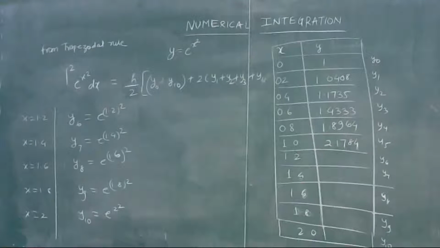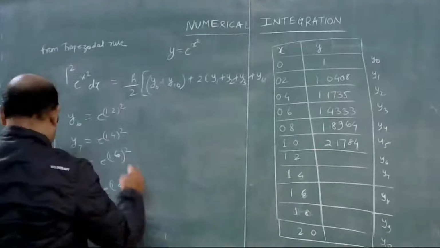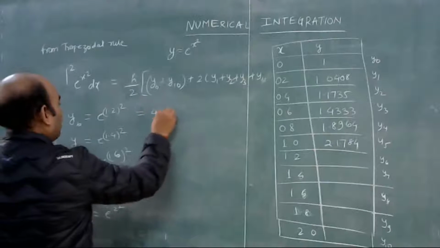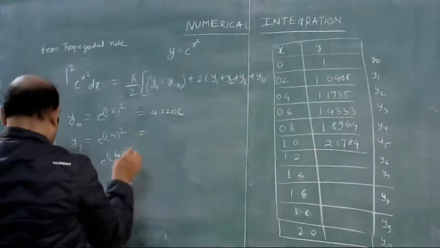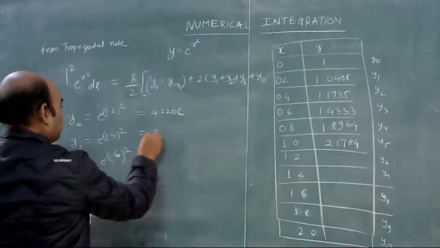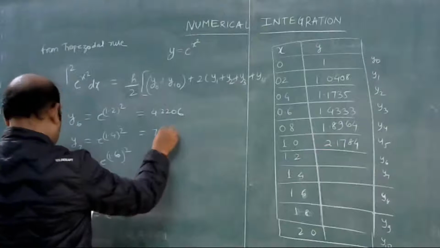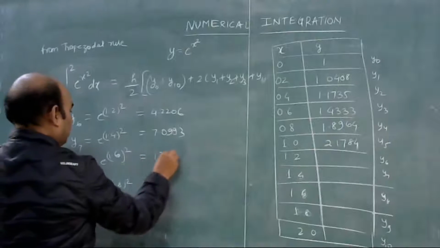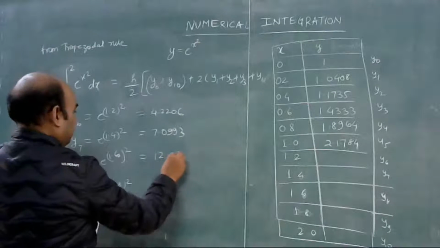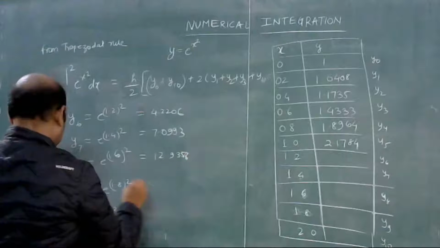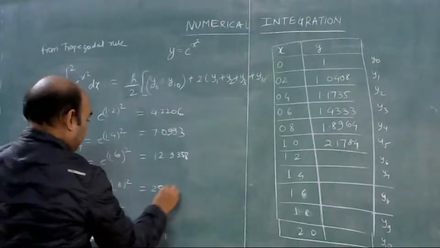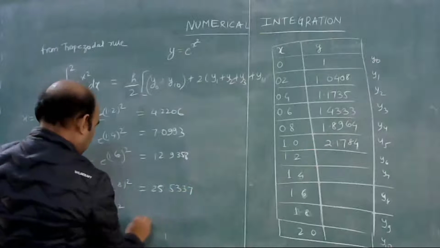Okay. So you will get y6 is 4.206. This is 7.9. So this is using exponential. So 12.9358. This is 25.5337.